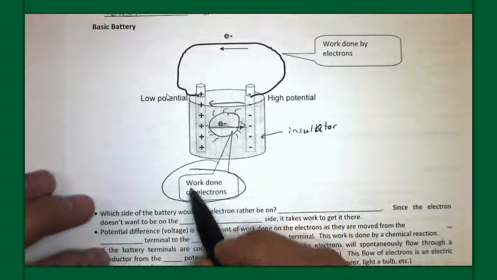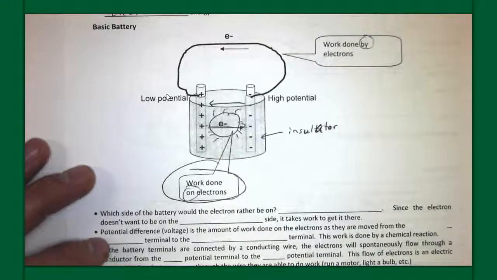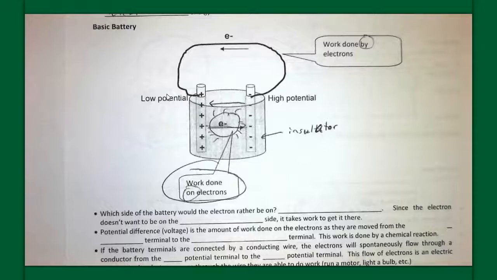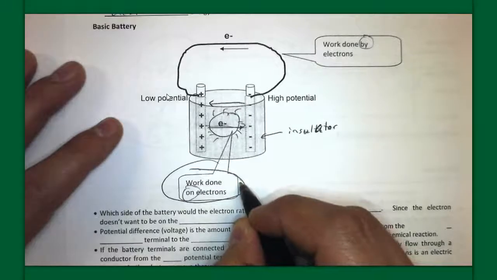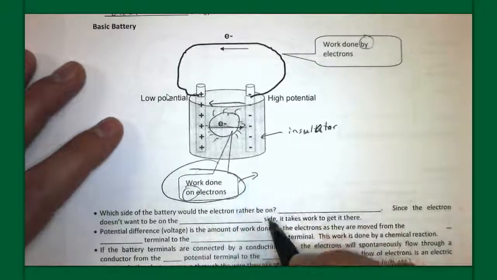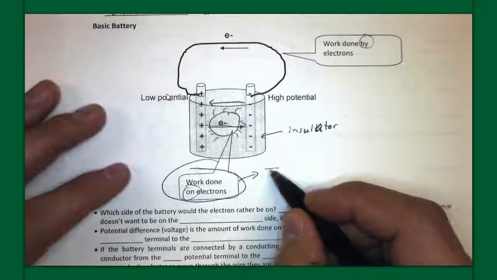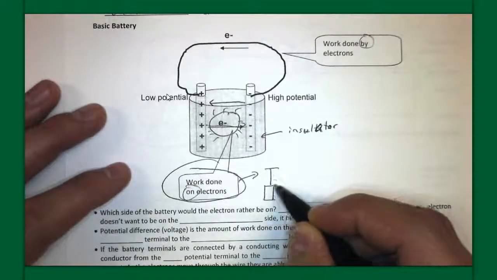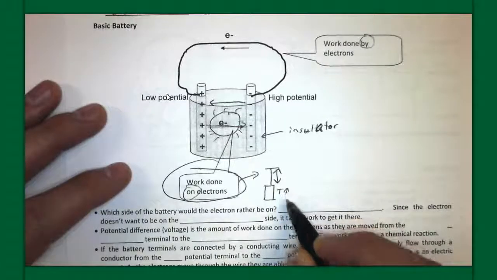This work done on the electrons versus work done by the electrons is an important point. Remember when I talked about thermodynamics, I talked about the difference between work done on a system and work done by the system. When work is done on the system, remember I talked about a bike pump, and when you pump it up and down 50 times, the temperature of this pump increases.